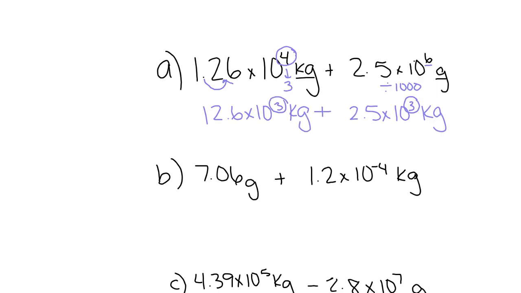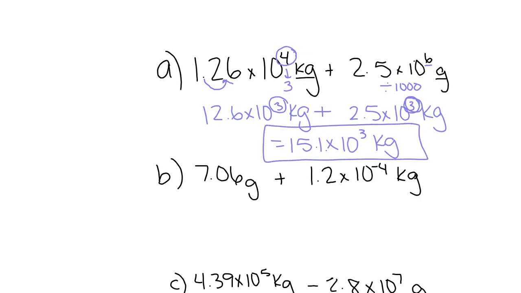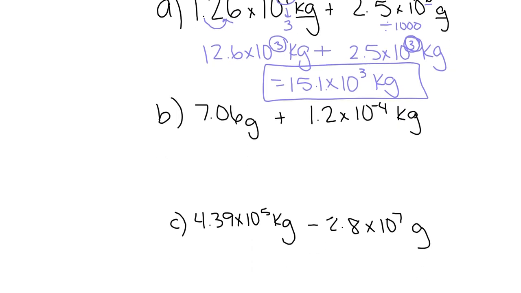So now we have the same scientific notation up here. So 12.6 plus 2.5 is 15.1, and then it's going to be times 10 to the 3rd kilograms.